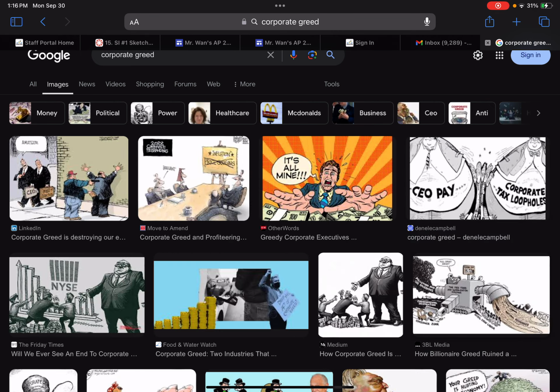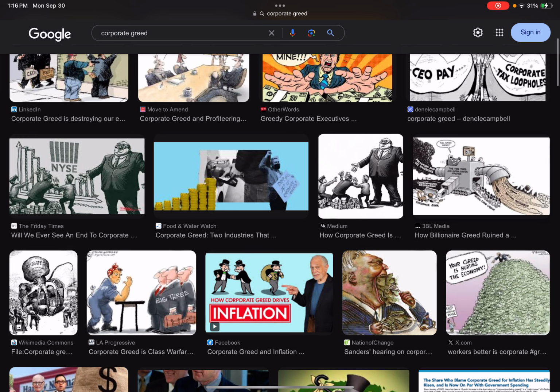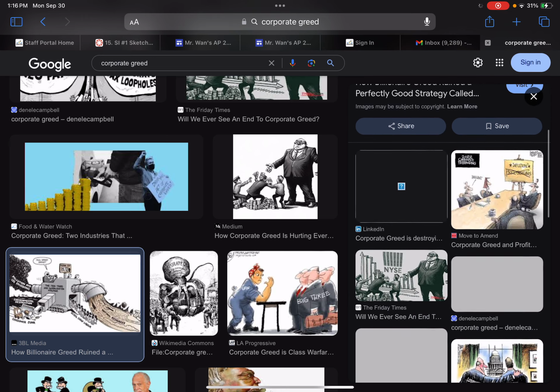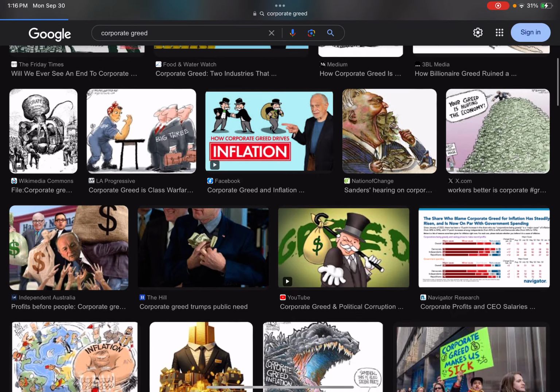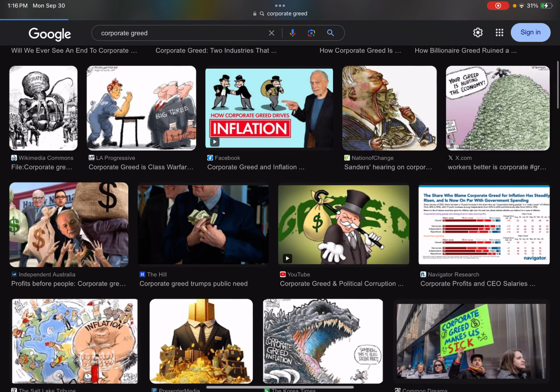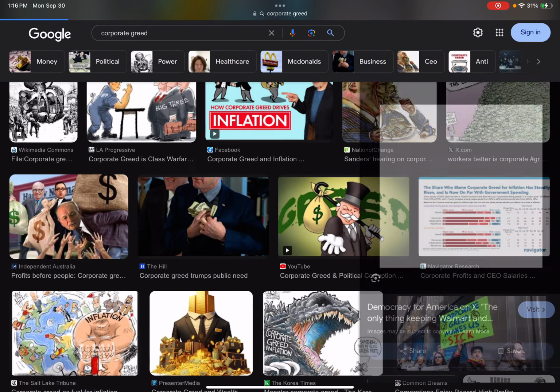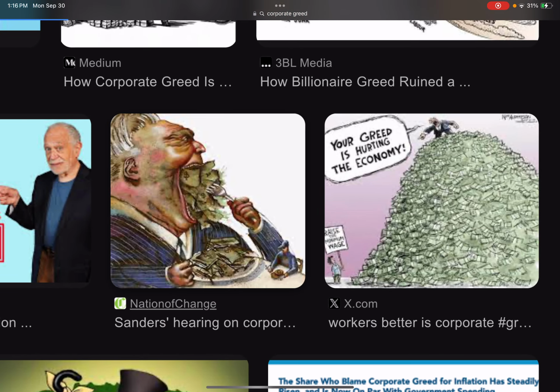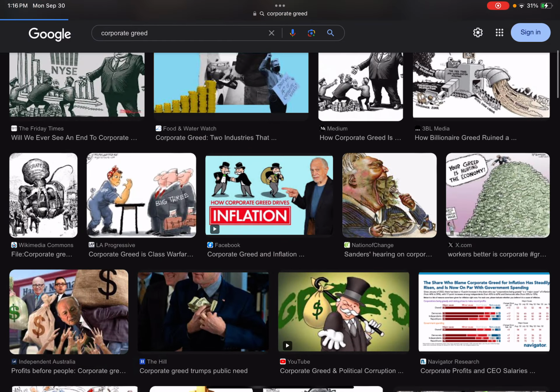The reason that's not loading. So that's kind of interesting right here. It's like pollution, environmental destruction. It's kind of following those things out. I don't know why I can't click on this, but this one's kind of neat though. Corporate greed, it's hurting the economy.